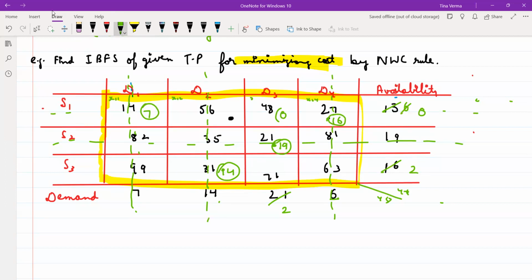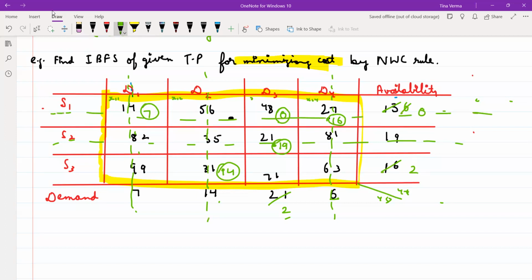The rows or columns which you have cut, you will not consider that. So you are left with only 48 and 71. This is 0 and this 2 minus 0 will remain as 2. So what you will cut, row or column?